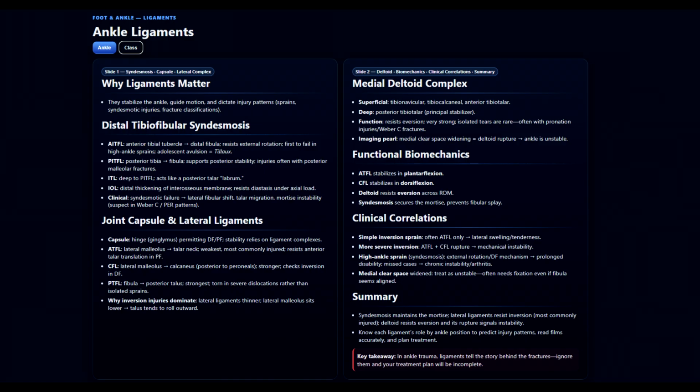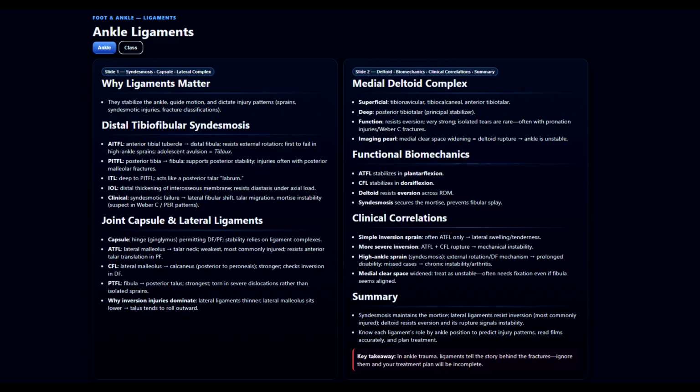The anterior inferior tibiofibular ligament, AITFL, runs from the anterior tibial tubercle to the distal fibula. It is strong and oblique, resisting external rotation forces. It is the first ligament to fail in high ankle sprains. An avulsion of its bony attachment produces the classic Tillaux fracture in adolescence.